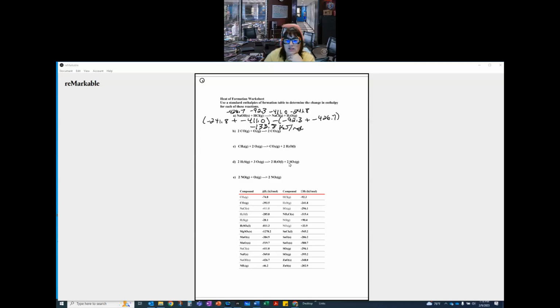We need to do this summation and then subtract this total from it. So I added together the two negative numbers. I subtracted that negative number from this thing here, and that's how I got that total that you see right there. Watch your signs when you do this math, because it can be very problematic. That's usually the place I would look first if I made a mistake.